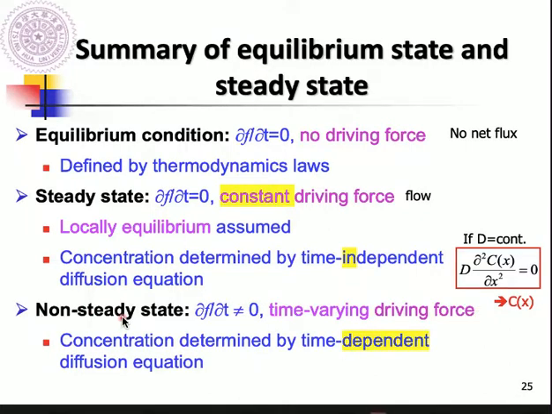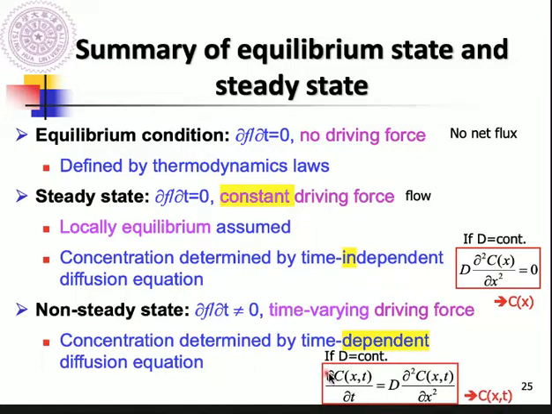For the non-steady state, the state function does change with time, and so does the driving force. So it is a time-varying driving force. Based on this diffusion equation, you will get a concentration profile of diffusing atoms that changes with location and time. Okay, so this is a short summary of the difference between the equilibrium state, steady state, and non-steady state.